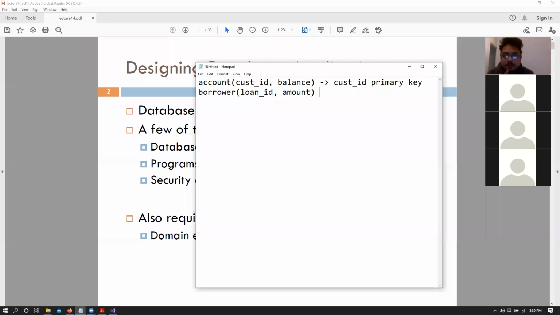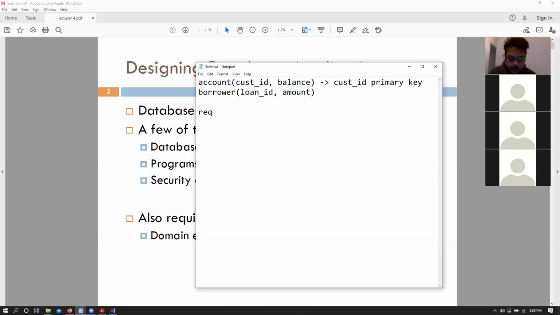Now, a banking expert says that, you know what, I want one customer to have the ability to get many possible loans. I also want the ability to have joint loans, so a single loan can also be held by multiple customers. So we have two requirements.